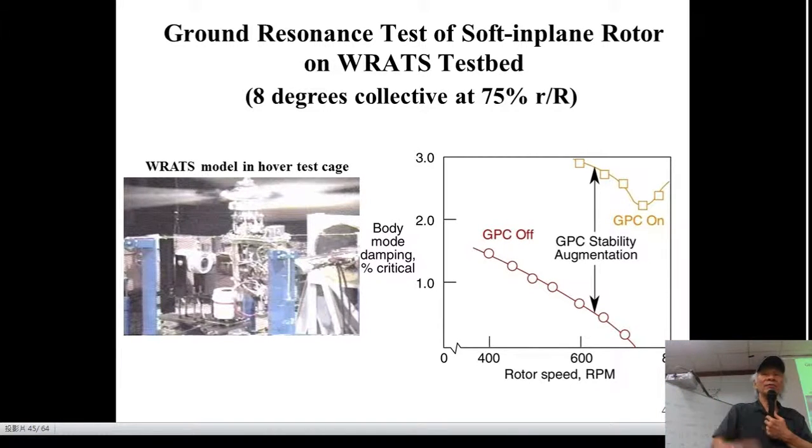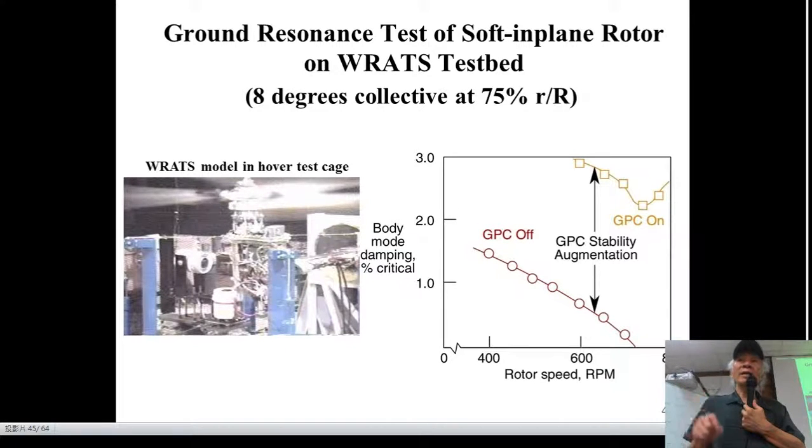The damping ratio, you already learned the damping ratio. The damping ratio is going down. Damping ratio is supposed to be positive. Going down to 750 it becomes negative.